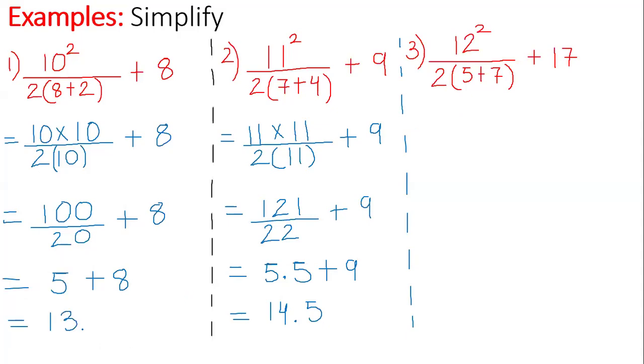If you think you know the answer, you can put your answer inside the chat for me. What is the first thing that we're going to attack, class? Do the parentheses, because it's in the parentheses. What is 5 plus 7? 12, very good.